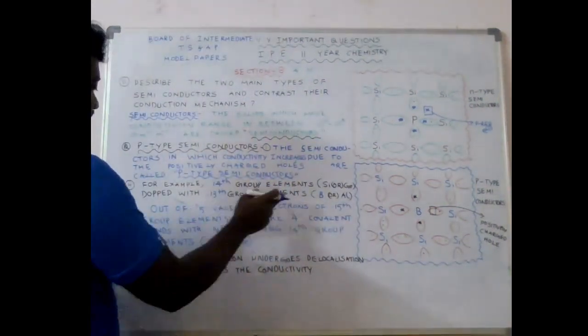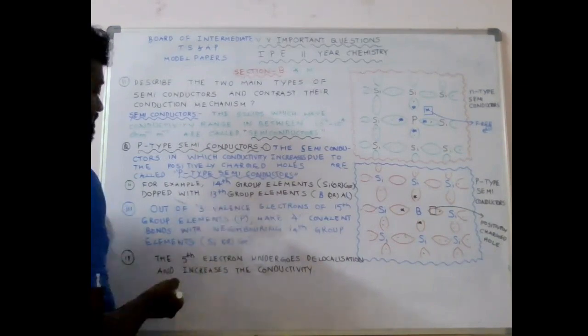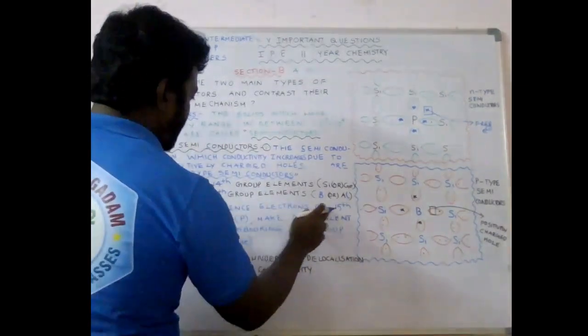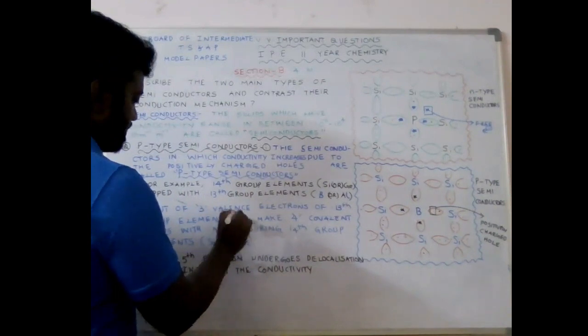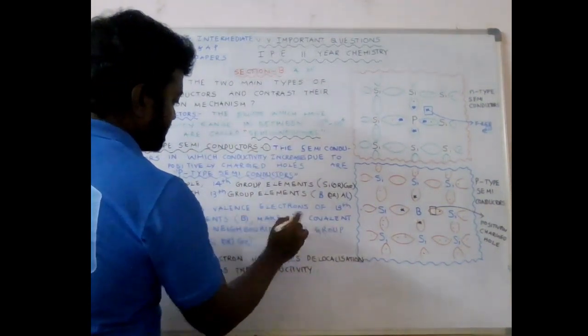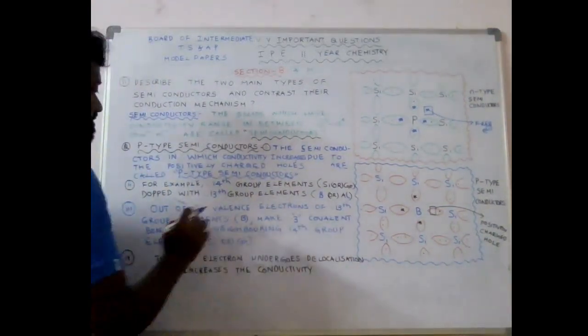All the 3 valence electrons are there in the 13th group elements. Out of 3 valence electrons of 13th group elements, that is boron, make 3 covalent bonds with neighboring 14th group elements.